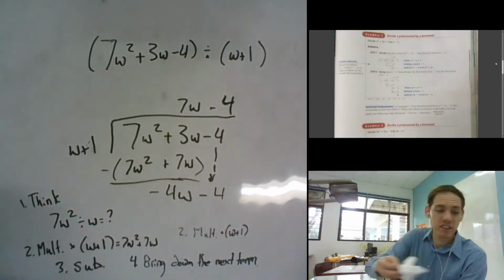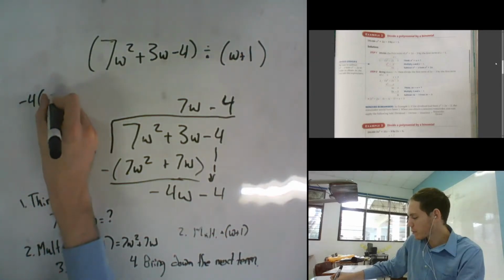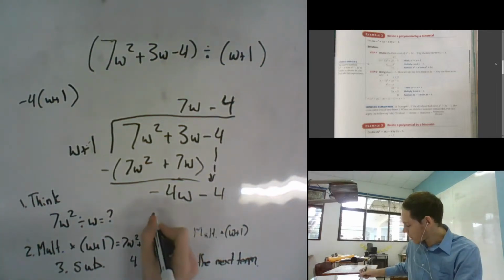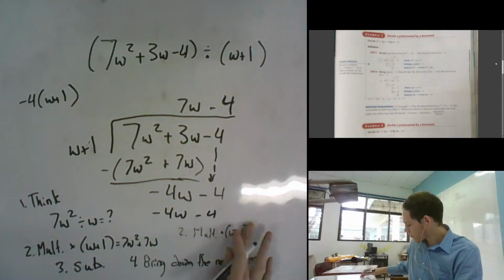So our answer was negative 4. So we're going to do negative 4 times w plus 1. What's negative 4 times w plus 1? Well, that's minus 4w minus 4, right?